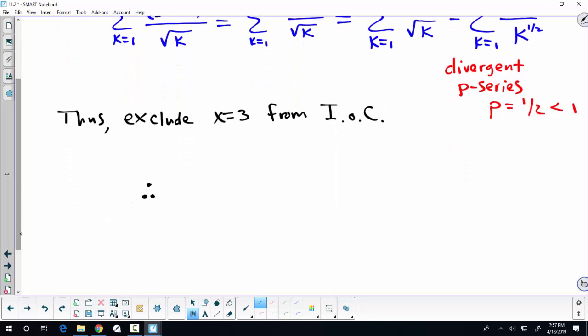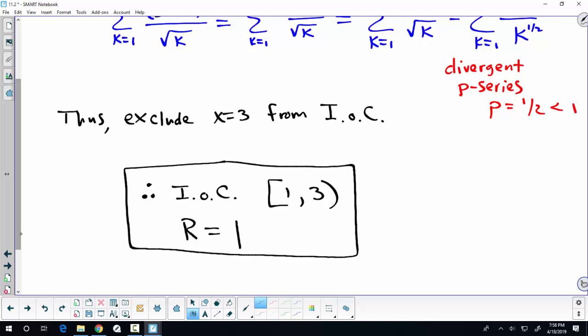So finally, our conclusion is that the interval of convergence is from -1 to 3, and the radius of convergence is 1. So yeah. Do you always have to show the brackets and parentheses, or do we show it as an inequality?